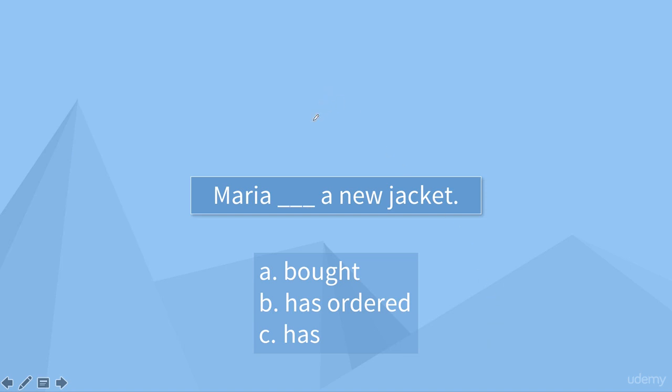Now, the easy way to try to figure that out is to put the structure again. So subject, verb 1, present simple. Now, Maria is, of course, a she.